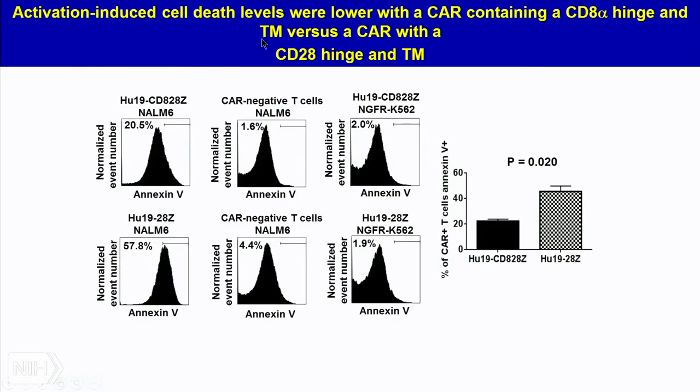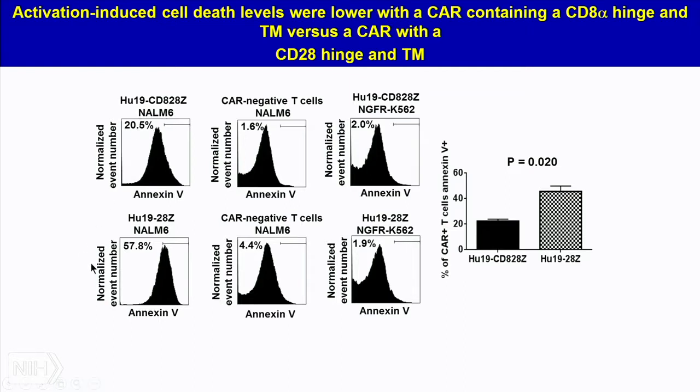This is the activation-induced cell death. T cells undergo activation-induced cell death when they are stimulated with a target antigen that stimulates them too much, basically, and they die. So CAR T cells can undergo this activation-induced cell death, and the CARs with the CD8 hinge and transmembrane basically underwent less.